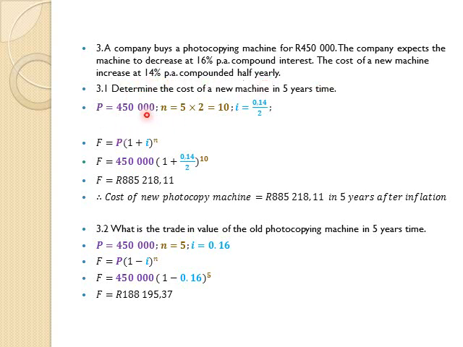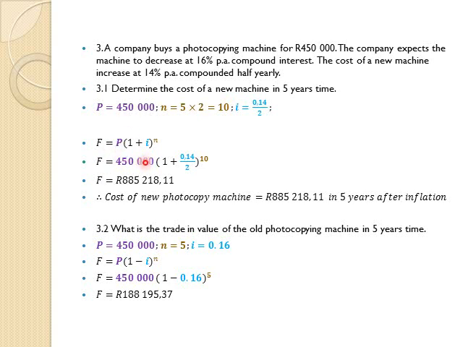So P is 450,000, N is 5 years times half yearly, there's 2, or we can divide a year into 2 halves. So 5 times 2 gives me 10, and my interest 14 divided by 100, 0.14 divided by 2. So F equals P times 1 plus I to the power N. That's for inflation.